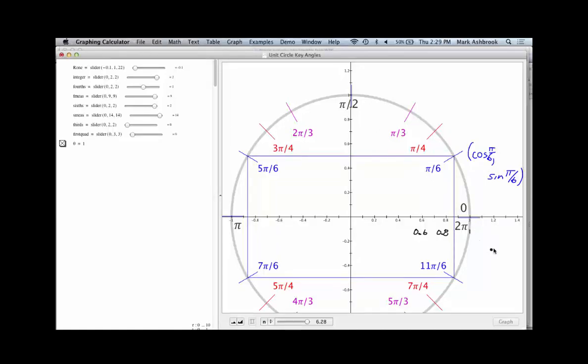So estimate for cosine of pi over 6. How about Brian back there? 0.85. Yeah, pretty decent. It's like halfway from 0.8 to 0.9. Okay, estimate for sine.